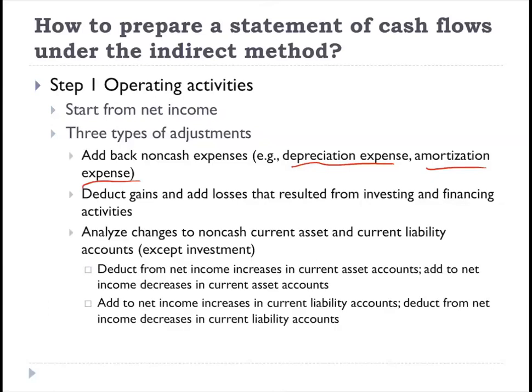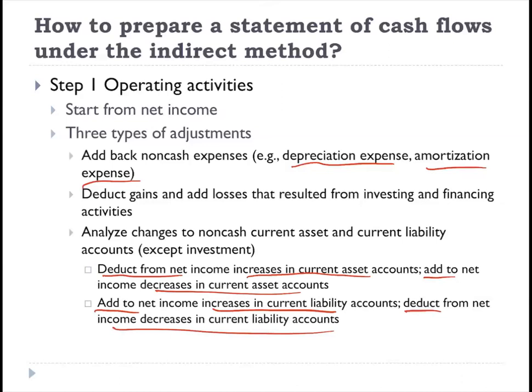And lastly, we need to analyze changes to the firm's non-cash current asset and current liability accounts, except investment. We need to deduct any increase in current assets and add any decrease in current assets. We need to add any increase in current liabilities and deduct any decrease in current liabilities.